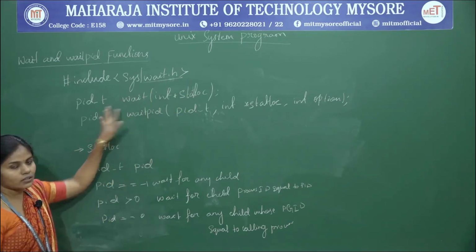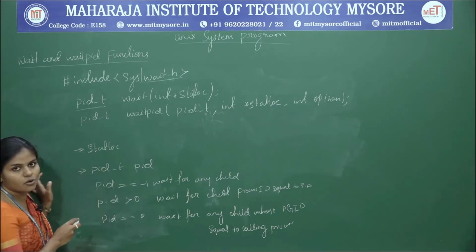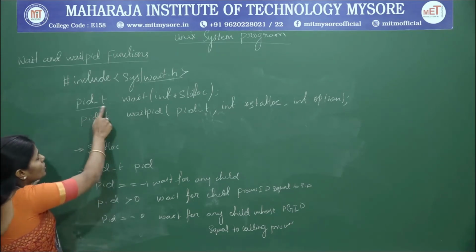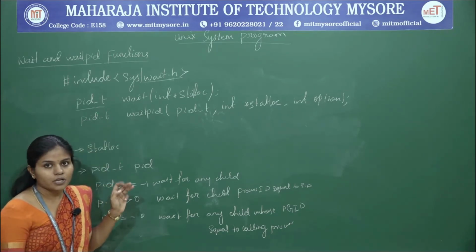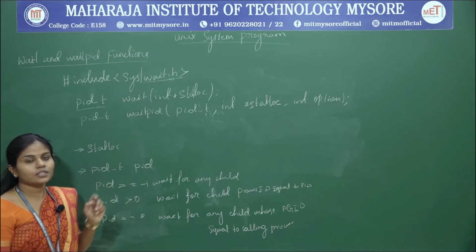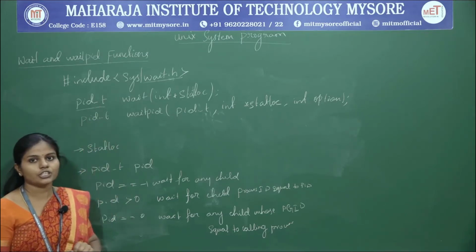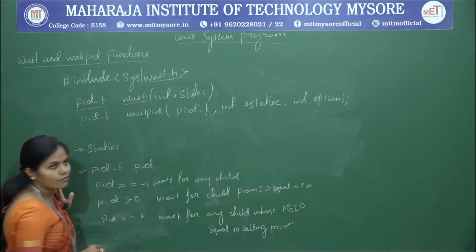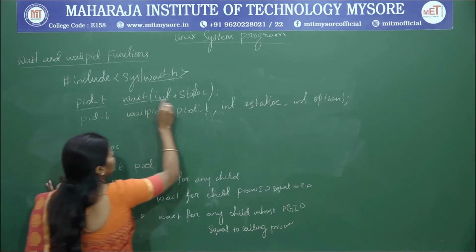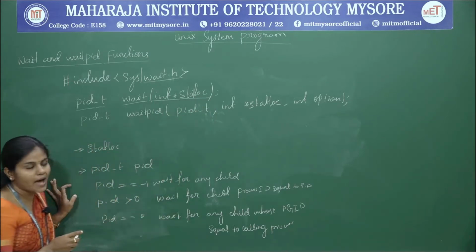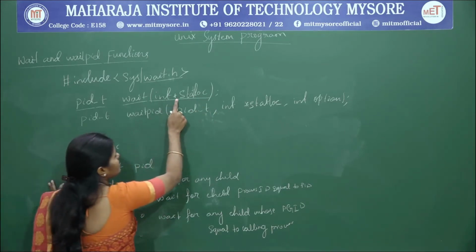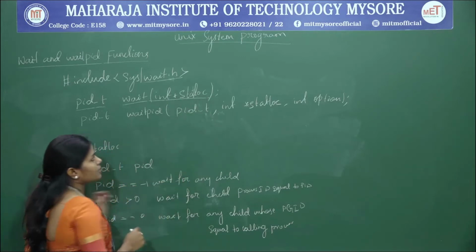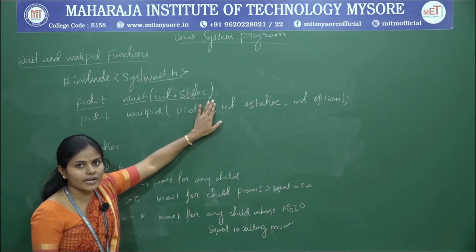The first one, pid_t, is the return type. So what is it going to return? The process identification number. Now the function name wait accepts only one parameter, that is int *stat_loc, that is nothing but the location.